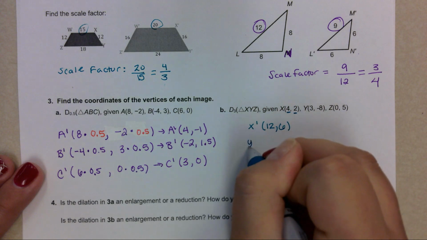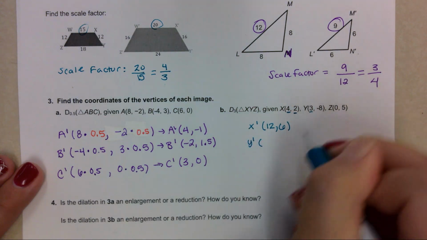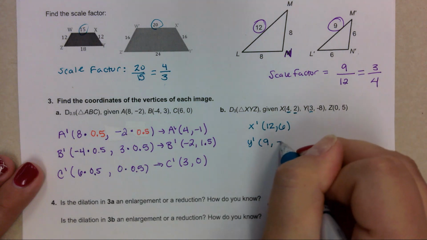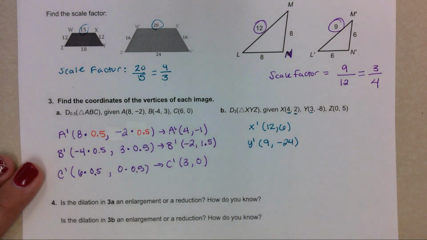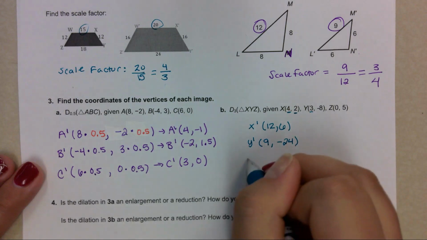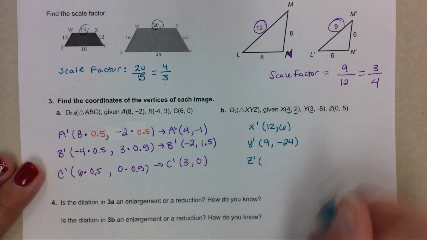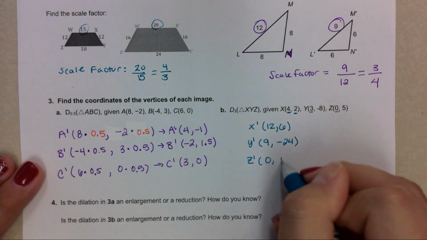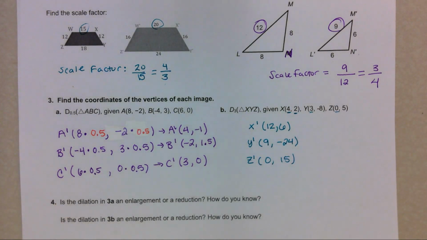Y prime is going to be 3 times 3, which is 9, -8 times 3, which is -24. And Z prime is going to be 0 times 3, which is 0, 5 times 3, which is 15. Okay.